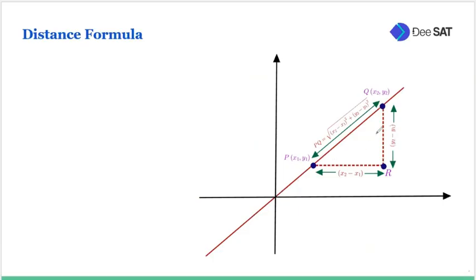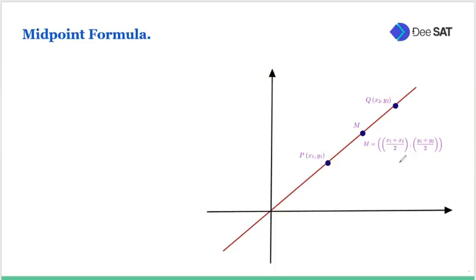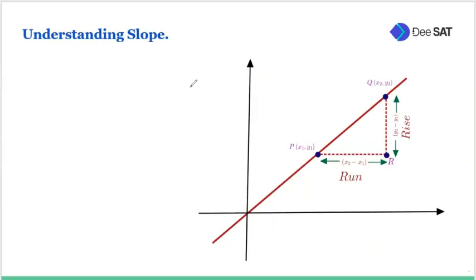You can see that the distance formula is described in the diagram itself. Similarly, the midpoint formula, you can see the visual over here. Now let's understand the slope. What is slope? In normal terms, slope is represented by m. It is basically rise over run.